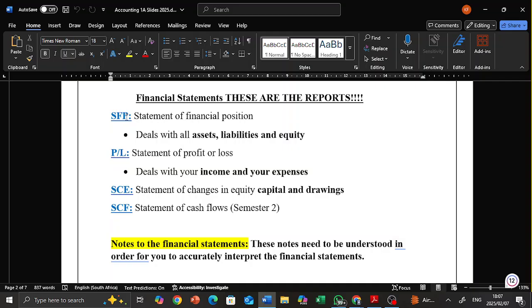If we specifically sell machinery, we would then have to do a revenue and cost of sales transaction. But if we don't sell machinery and we just decided to get rid of this machinery, then we would debit bank, increase bank, and decrease the machinery asset because we no longer have it.